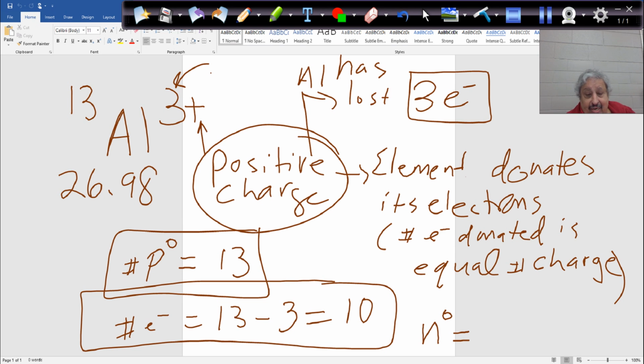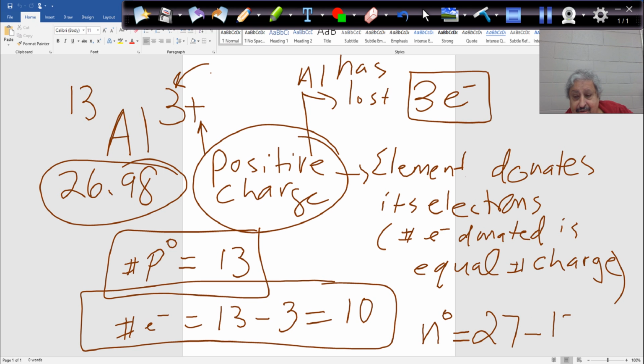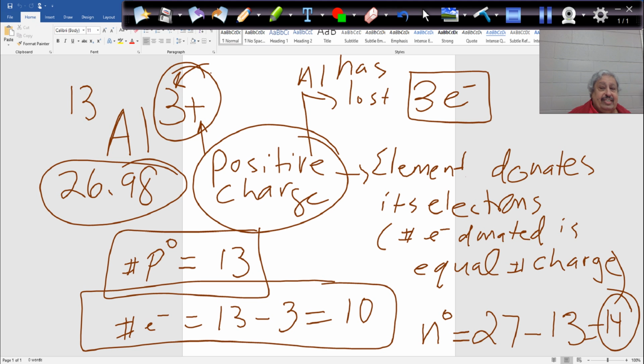So, 26.98, 27, minus my protons, not electrons, protons. This is 14. So it looks like the inside of the nucleus is not touched. The number of neutrons and protons are not touched. The only thing is the charge gives you the hint that you are losing or gaining electrons. So here the charge is 3 positive, correct?